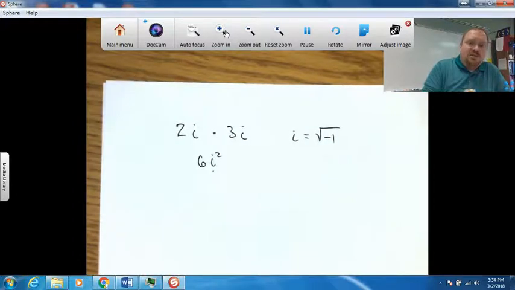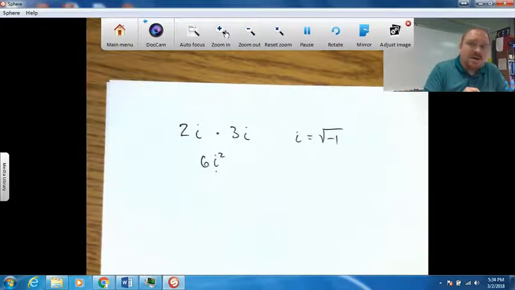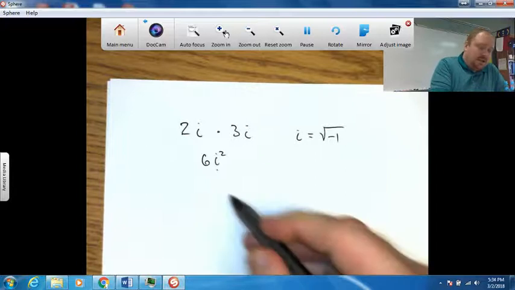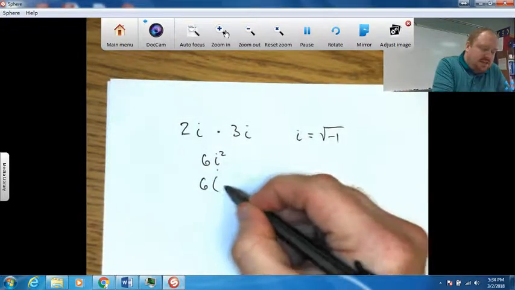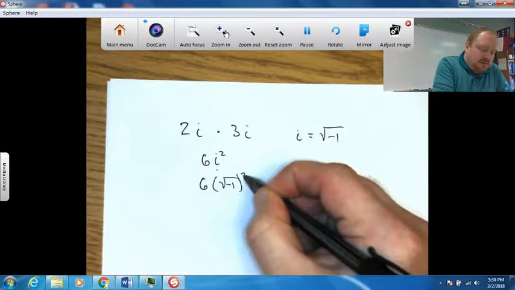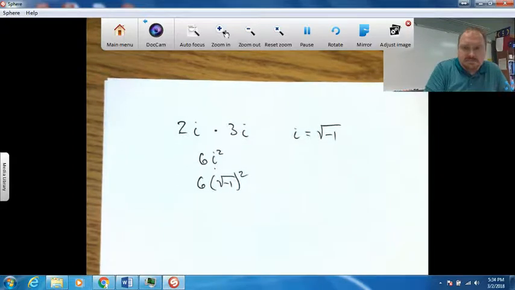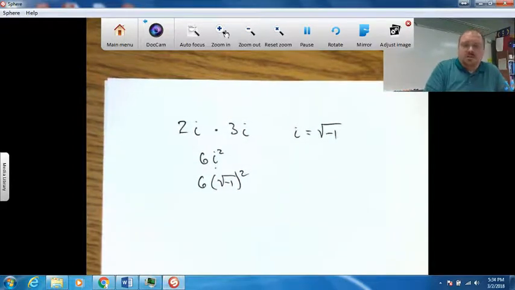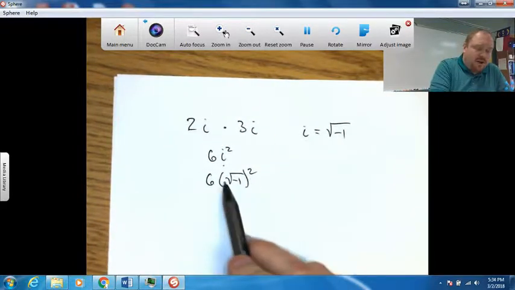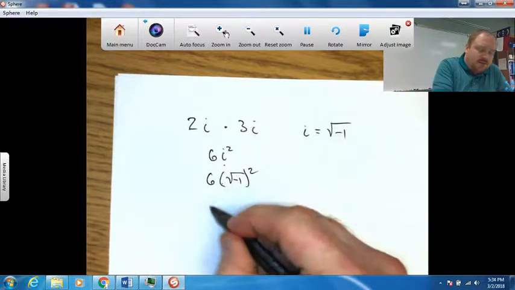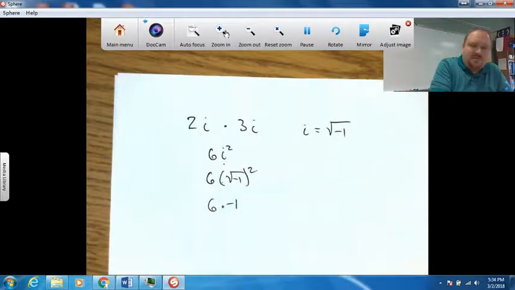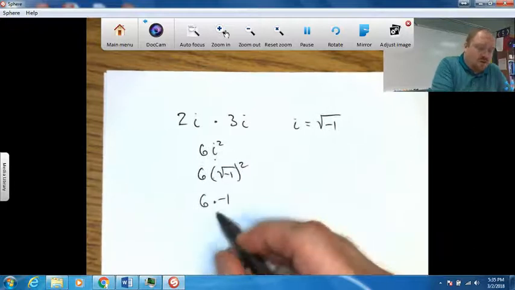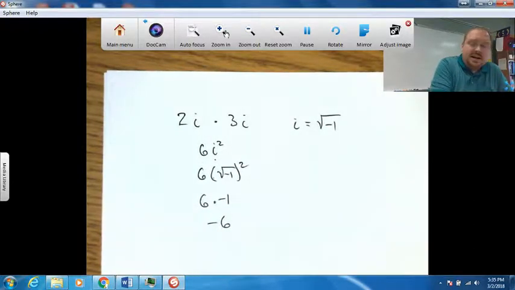And whenever you square a square root, you get the number that's inside it. So whenever I square a square root, they cancel, leaving me negative 1. And when I multiply this together, negative 6. That is critical.